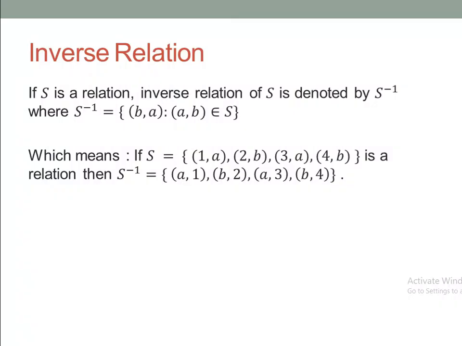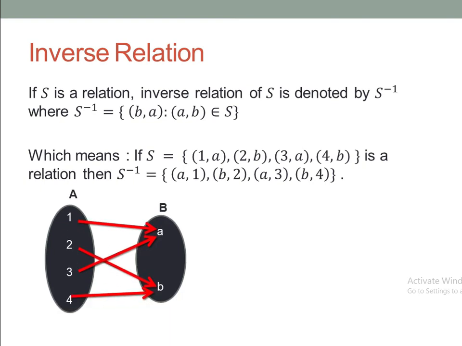For example, if S is equal to {1A, 2B, 3A, 4B} is a relation, then S inverse is equal to {A1, B2, A3, B4}. Look carefully. All the pairs contained by S inverse are opposite to the ordered pairs contained in S.